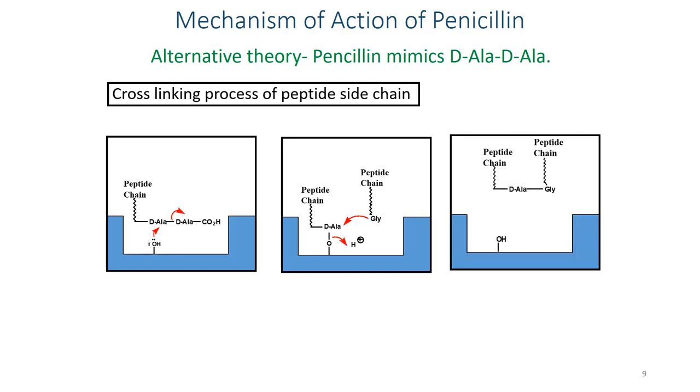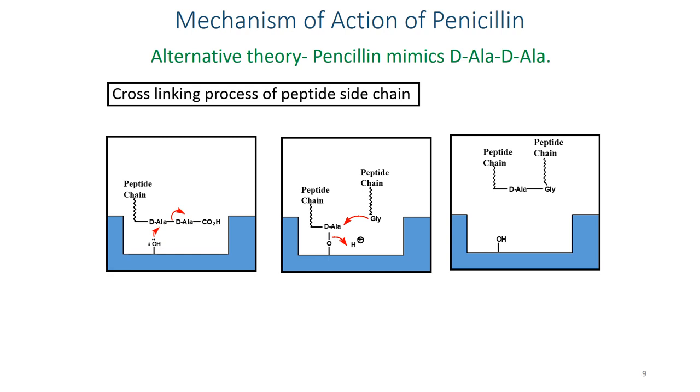Another theory for mechanism of action of penicillins is that the penicillins mimic D-alanine due to the structural similarity. Normally, during the cross-linking of peptide side chains in bacterial cell wall, the peptide side chain of 1 NAM unit binds to the serine of transpeptidase enzyme at D-alanine and releases one molecule of D-alanine.